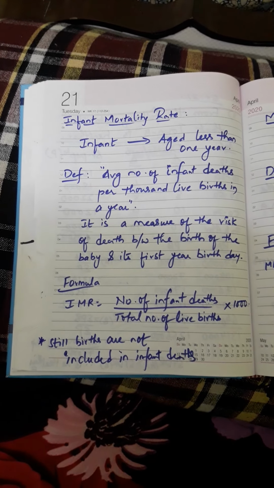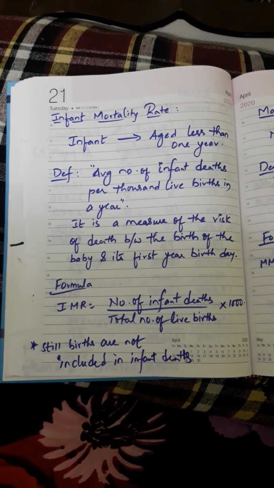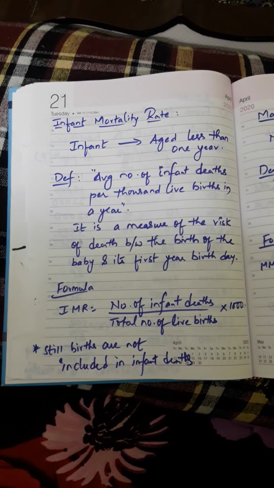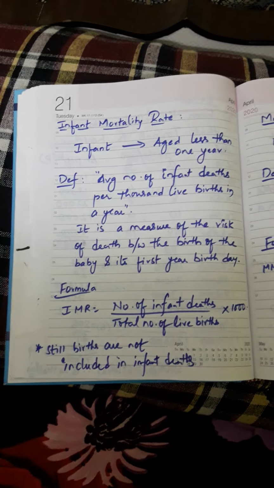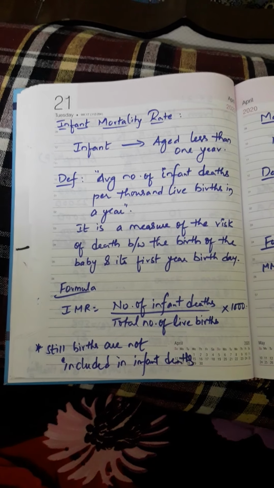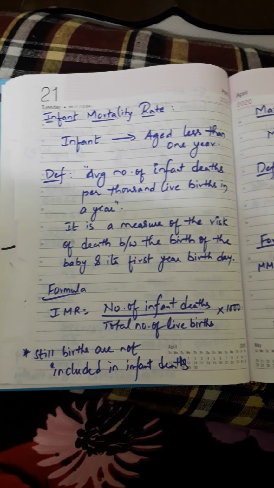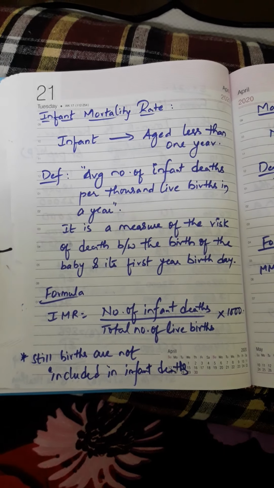It is mostly 1% or at the most 2%. This is happening because the medical system has improved a lot. Because of that, the death rate has decreased totally, if you have observed from the past years. So it is a measure of the risk of death between the birth of the baby and its first year birthday.